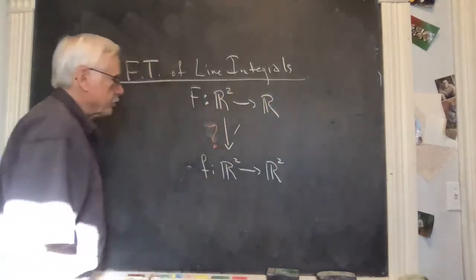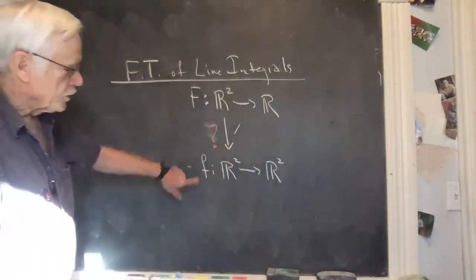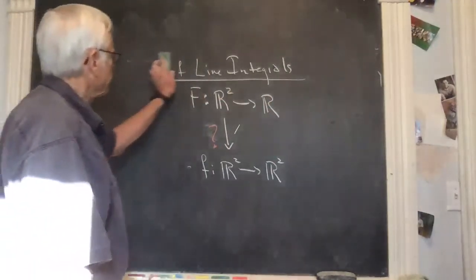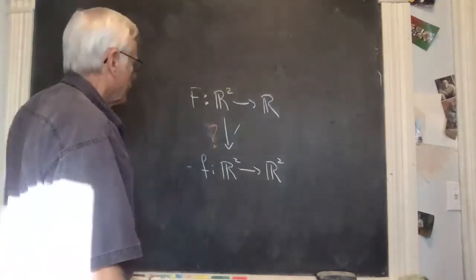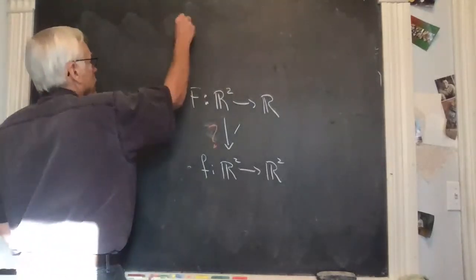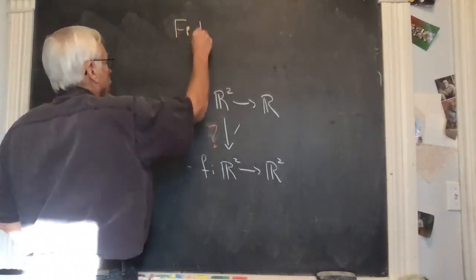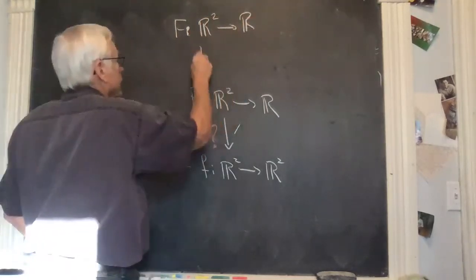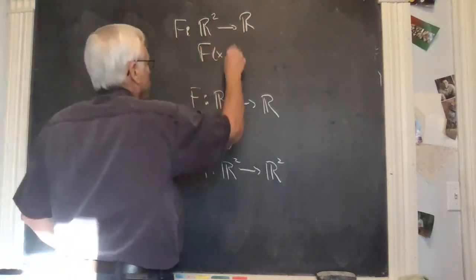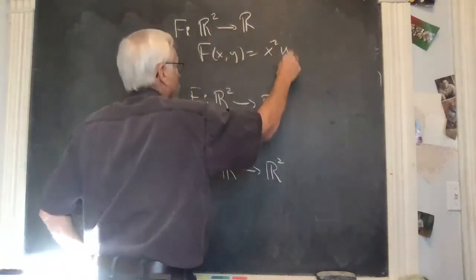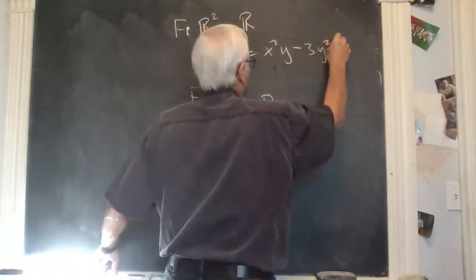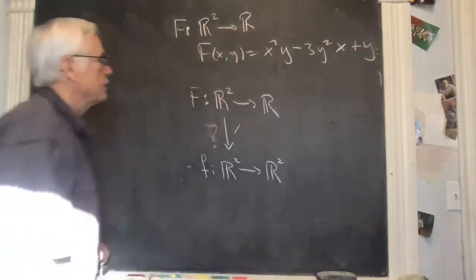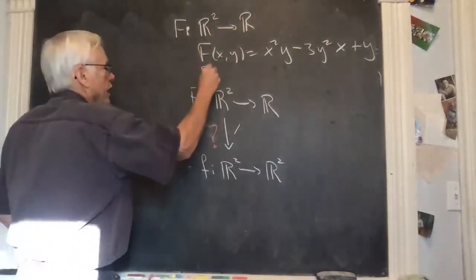Because the derivatives of real valued functions are of this form. Let's just do one just to check. Suppose we take a real valued function like temperature, given by this equation, f of x and y equals x squared y minus 3y squared x plus y. And we take the derivative of this guy.